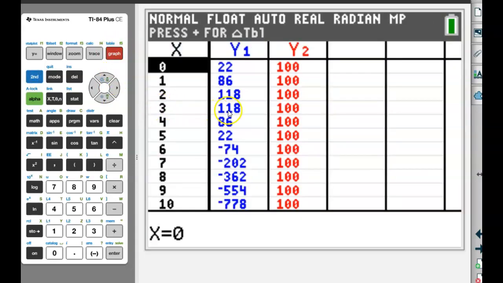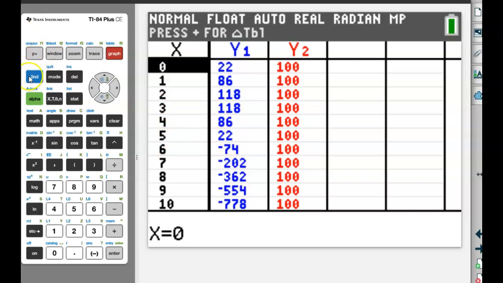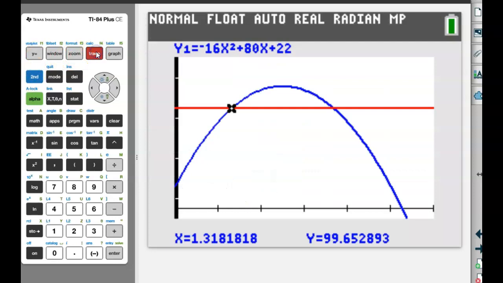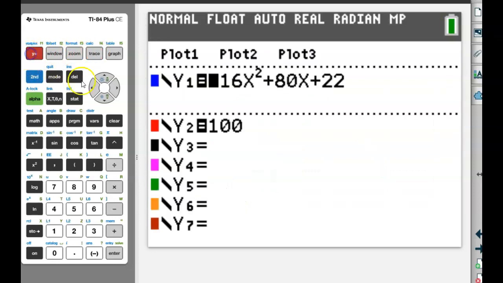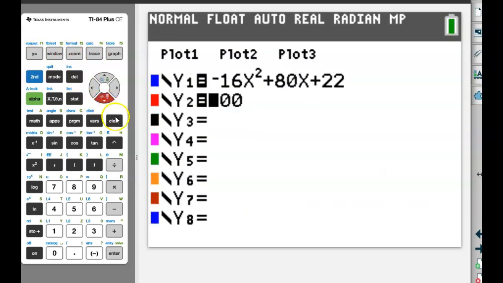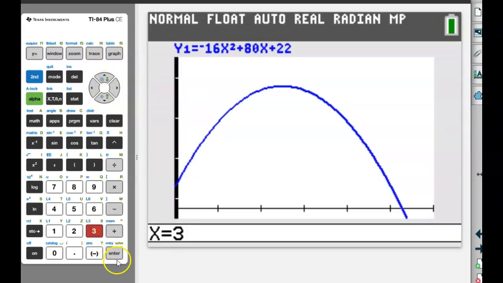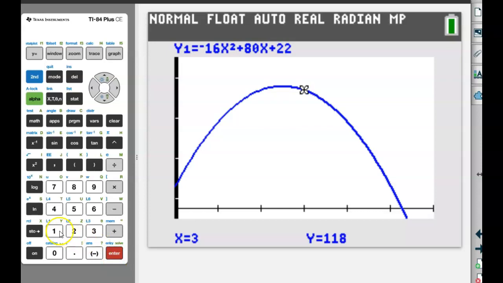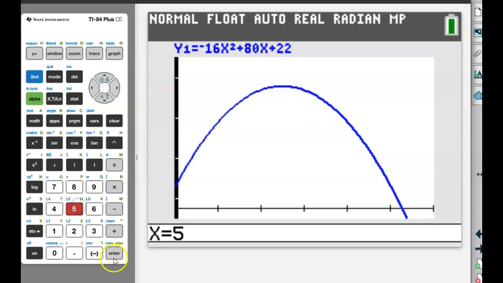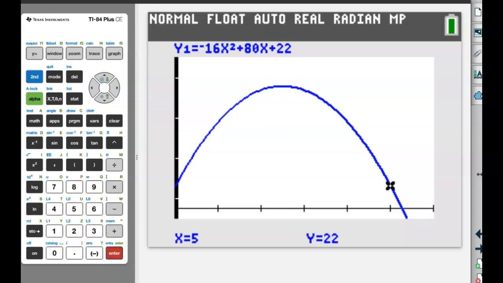At 3, it's at 118, and at 5, it's at 22. Or you could certainly just trace. Again, we aren't worried about this line, so make sure you're not tracing that one. Trace 3 is 118, and 5 is 22.